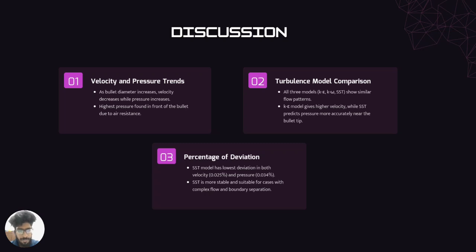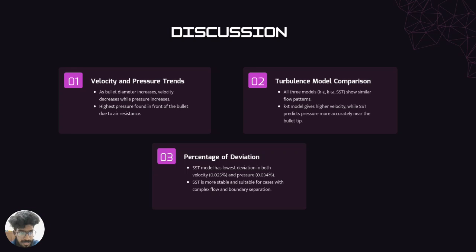K epsilon tends to predict higher velocity but with less accuracy near walls. K omega captures near wall effects better, and K omega SST gives the most balanced and stable result. For the percentage deviation, the K omega SST model has the lowest deviation in both velocity and pressure.